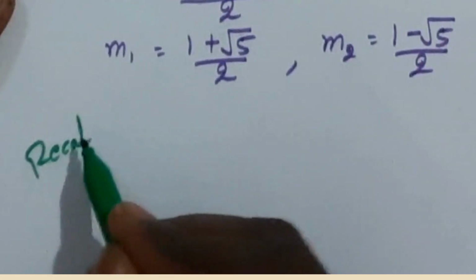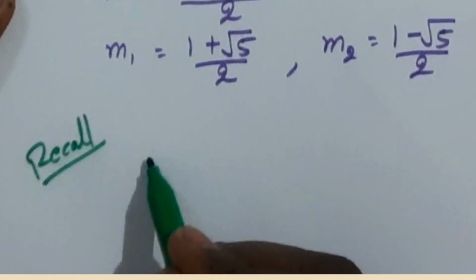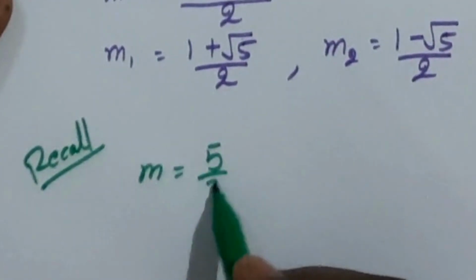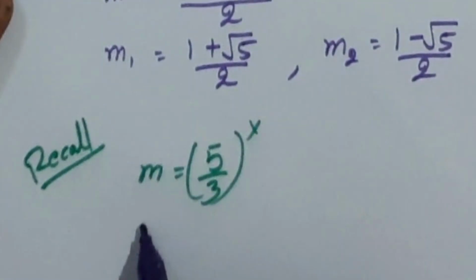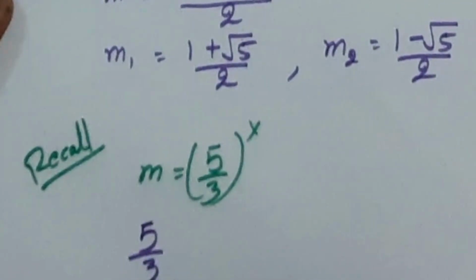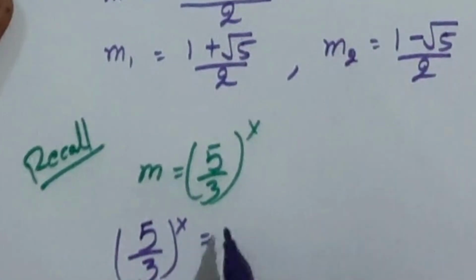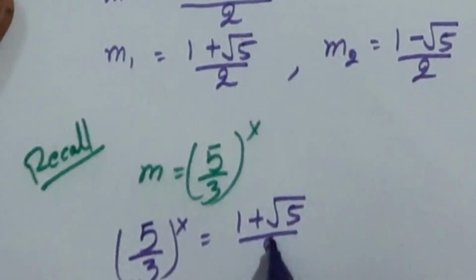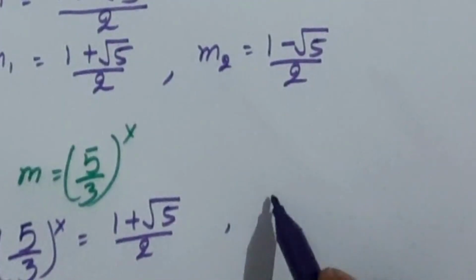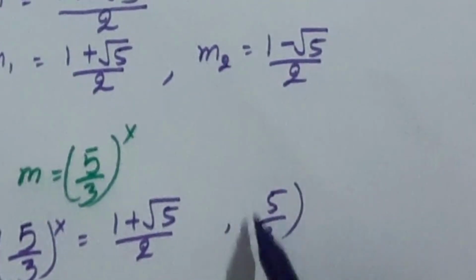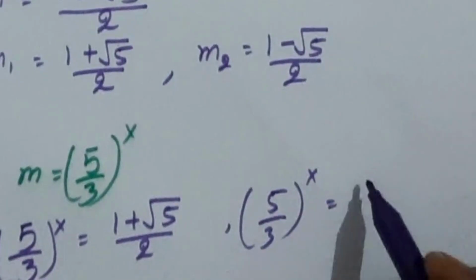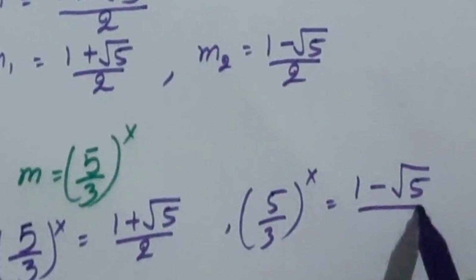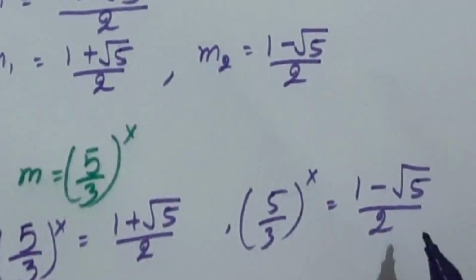Recall the m equal to (5/3) whole power x. (5/3) whole power x equal to (1 plus square root of 5) by 2, and (5/3) whole power x equal to (1 minus square root of 5) by 2.